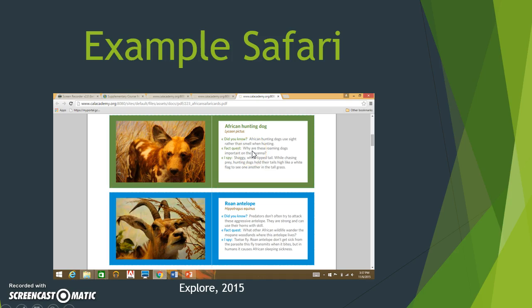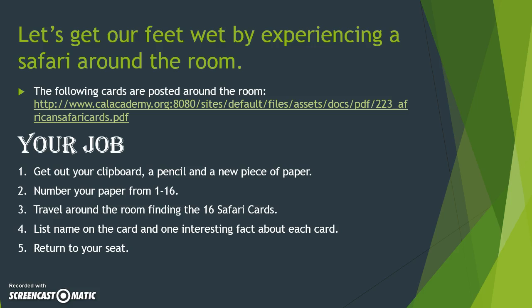I better read my cards a little better. So that would be an interesting fact that I would put on the paper. After you have completed all 16 of the cards, then you return to your seat and we will proceed from that point. So I would invite everyone to pause at this point and go complete their safari around the class.